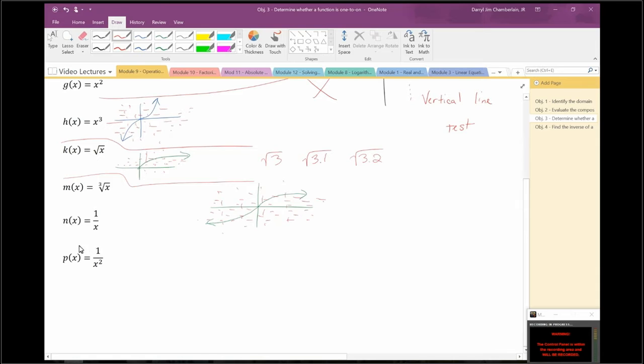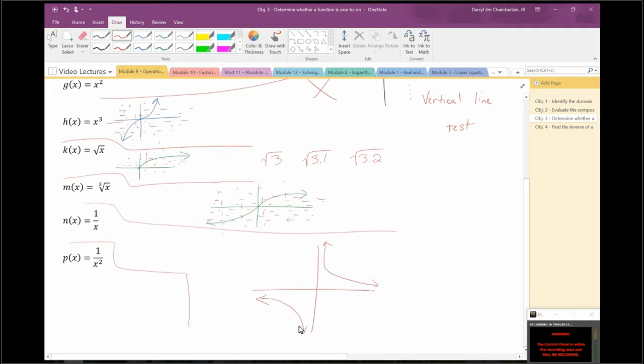Okay. Now, 1 over x. We may not have seen these rational functions yet, but 1 over x looks like this. We're not allowed to plug in 0, so that's why nothing is going to touch 0. When I plug in super small numbers, it makes 1 over that number blow up.